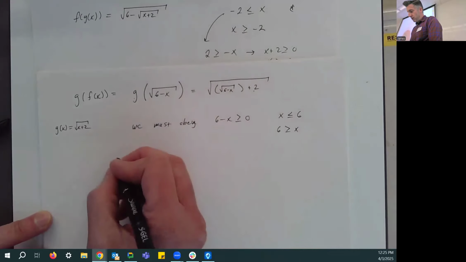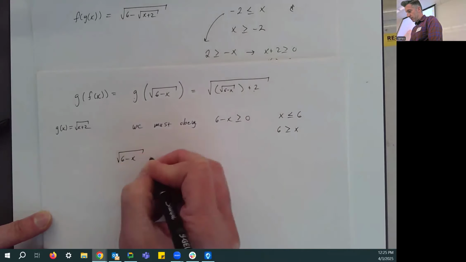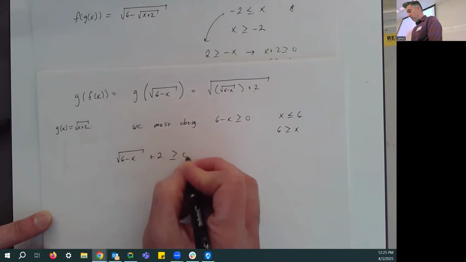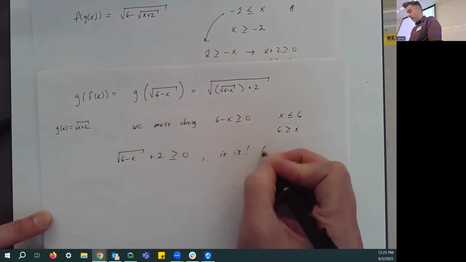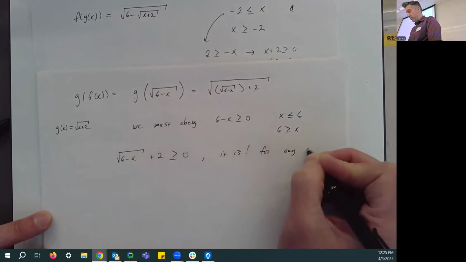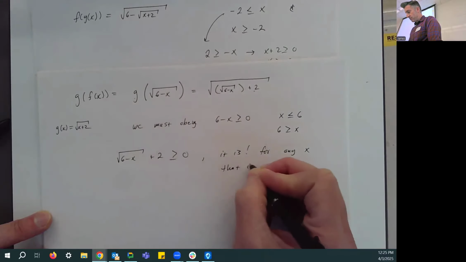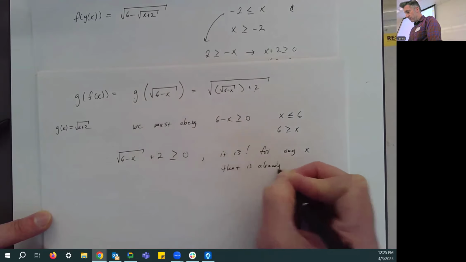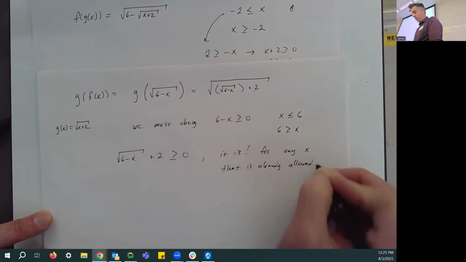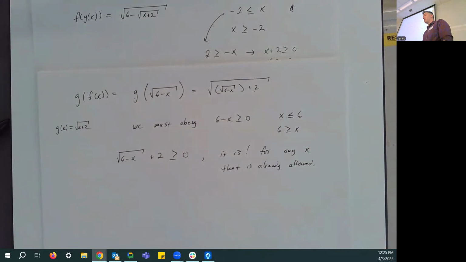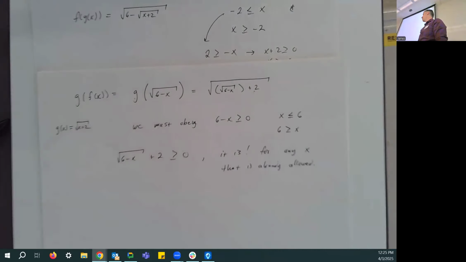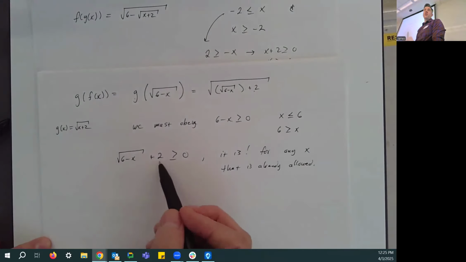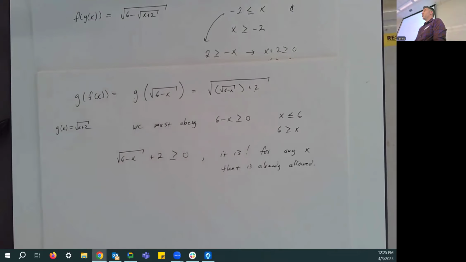This quantity, the square root of 6 minus x plus 2, if we need that to be bigger than or equal to 0, well, it is for any x that's allowed. Right? You can pick x equal to -1,000, and then 6 minus -1,000 is positive 1,006. The square root of 1,006 is 30 something, and 30 something plus 2 is for sure bigger than or equal to 0. So there's no issues here.